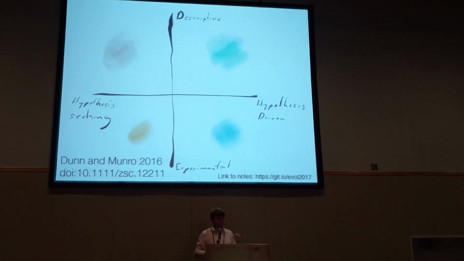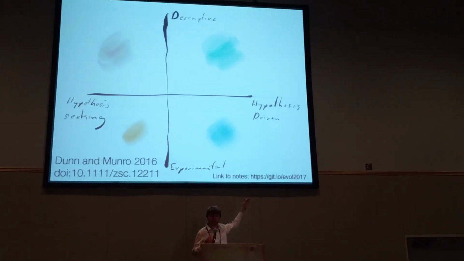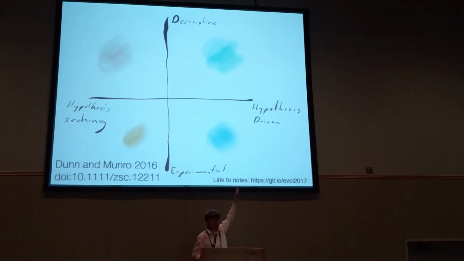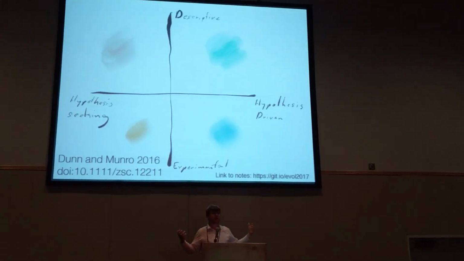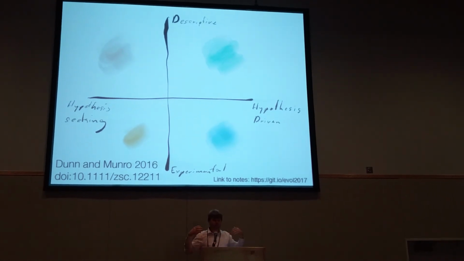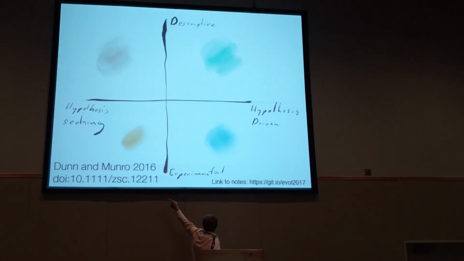So work can be hypothesis-driven and experimental. That's a great way to isolate variables in some systems. Or it can be descriptive, which is a great way to get at processes that happen at scales of time and space that are far larger than we ourselves are. And you can use experiments to do hypothesis-seeking work.